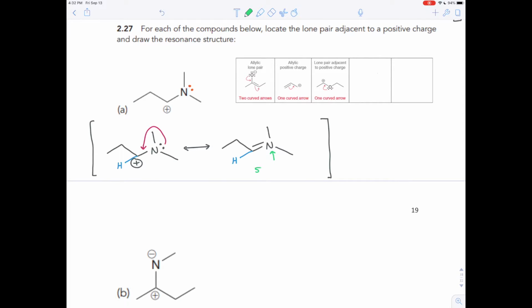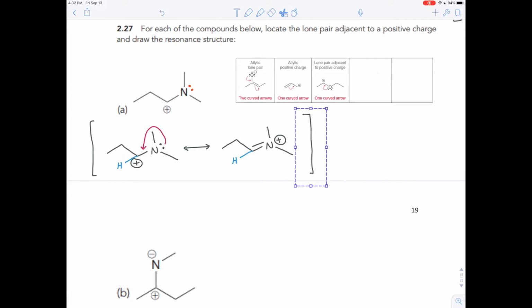Nitrogen is in group 5A, minus 0 dots around the nitrogen now, and 1, 2, 3, 4 lines. So that nitrogen has 5 minus 4, or a positive 1 charge. So that's it. There's your resonance structure.